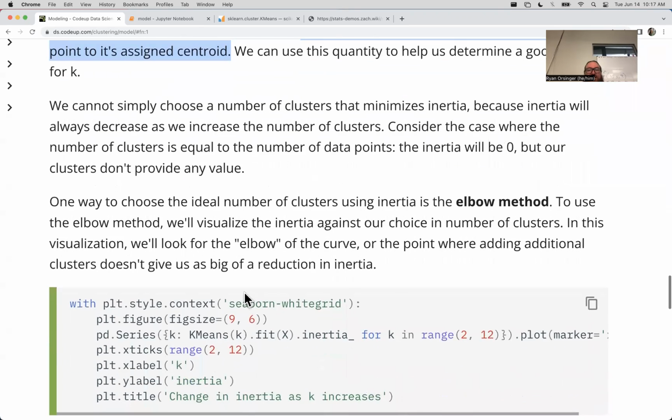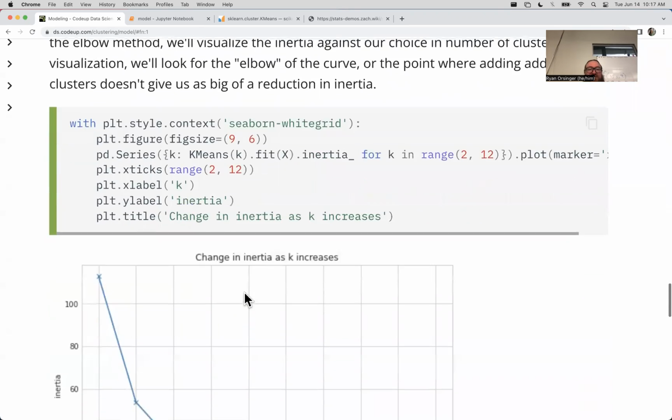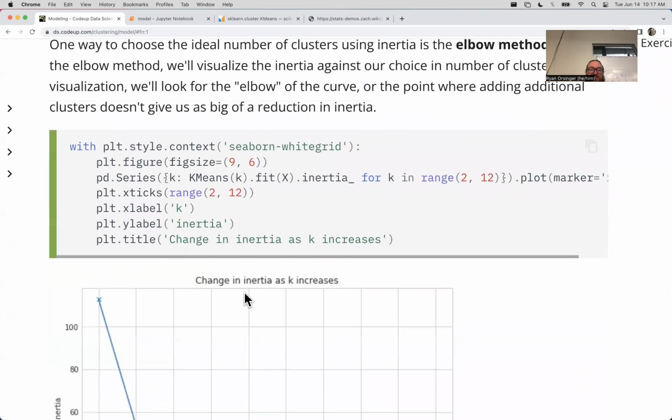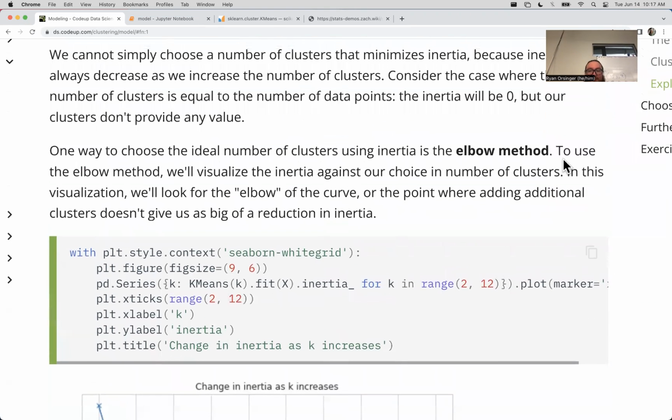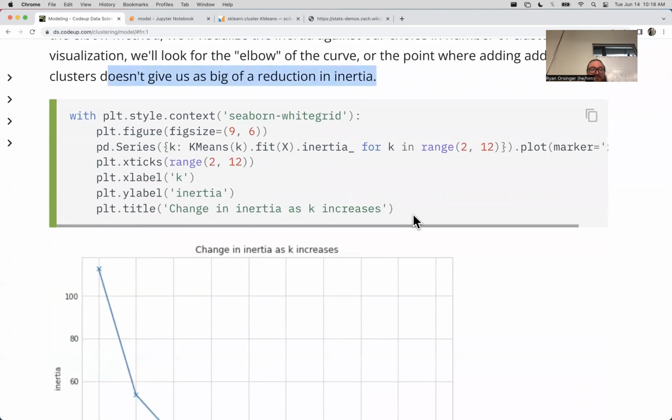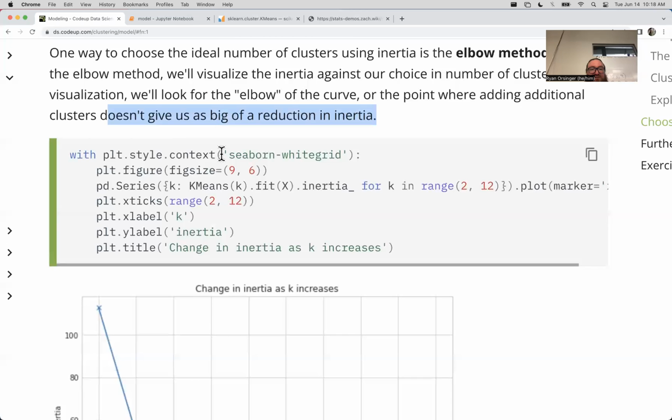But what this elbow method does is it shows us the trade-off between inertia and the number of K. So what we're looking for with this elbow method is like an elbow on an arm. We will look for the point where adding additional clusters doesn't give us as large a reduction in inertia. So we're going to start with 2 and go to 12 for K.